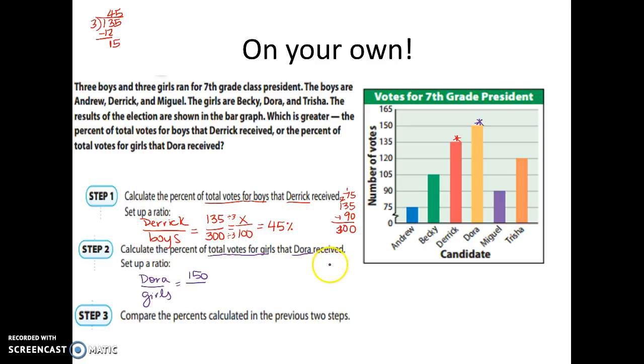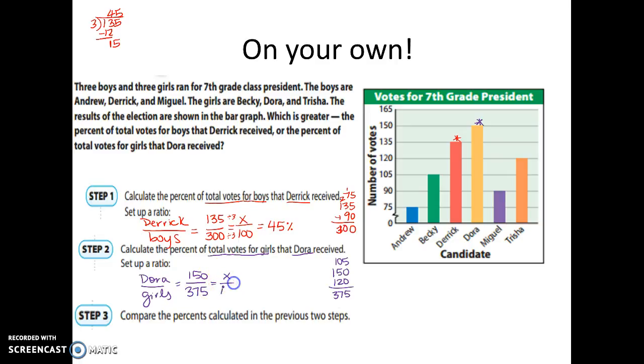So we have Becky received 105, Dora at 150, and then Trisha at 120. So let's add all those up. 5 plus 2 is 7. 1 plus 1 plus 1 is 3. So 375.